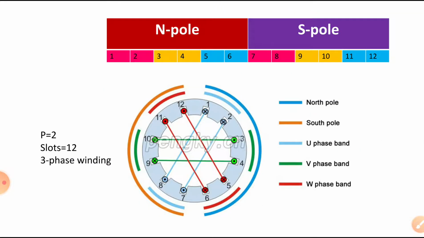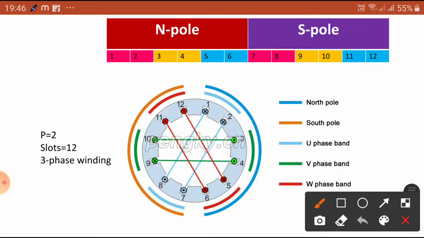Now, in this case, the number of north pole, south pole, 2 pole machine, you can see round shape. How are the slots divided? Let us assume here it is a blue color north pole, south pole.